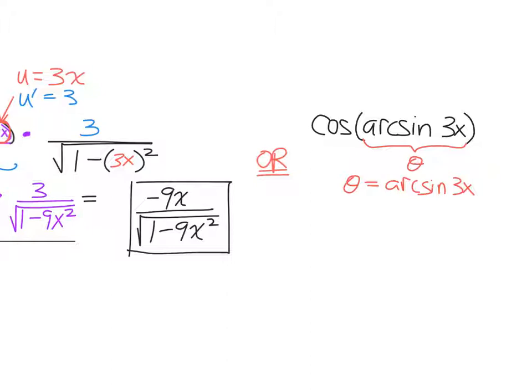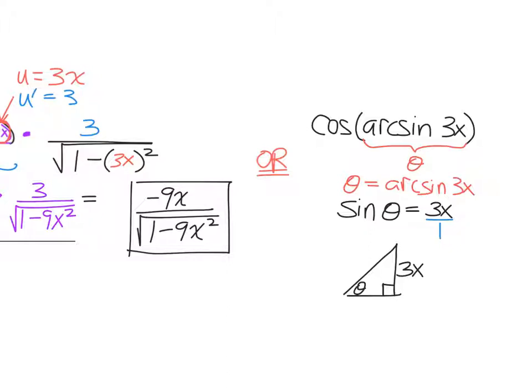Theta is equal to the arc sine of 3x, which means sine of theta would be equal to 3x. We'll write that over 1. So sine of theta is equal to 3x over 1.